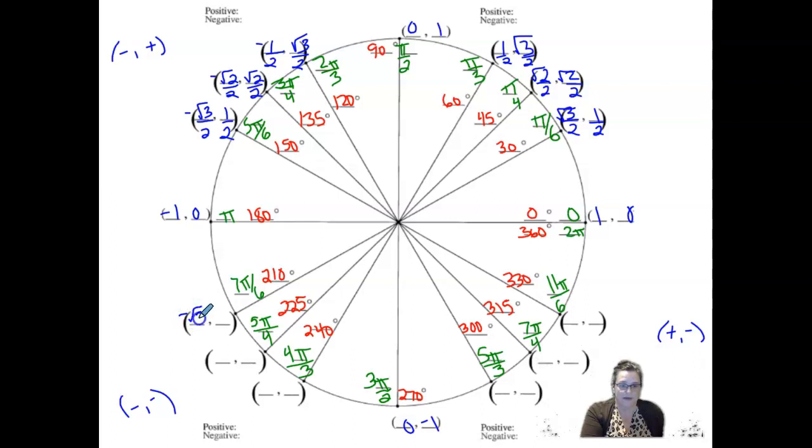So 7 pi over 6 is referencing pi over 6, so they have the same magnitude, but both the x and the y coordinates are going to be negative because we're in quadrant 3. 5 pi over 4 is referencing pi over 4, so they have the same magnitude, but the signs are both negative.